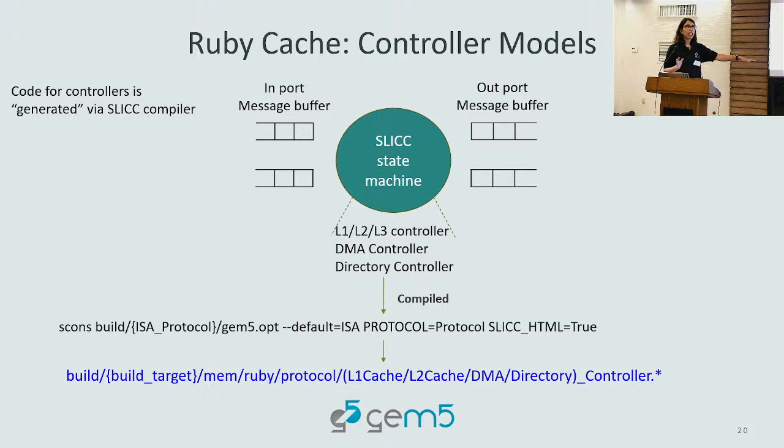It's good if you want to change something in your coherency protocol; you just go there after you compile it and check that it matches your expectations. Once you compile this, files are created in your build directory that have the code for your L1 cache, L2 cache, DMA, and directory controllers, so you know exactly how to instantiate them in your config file to be able to use them.